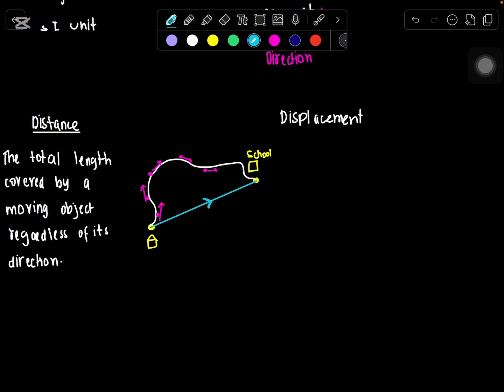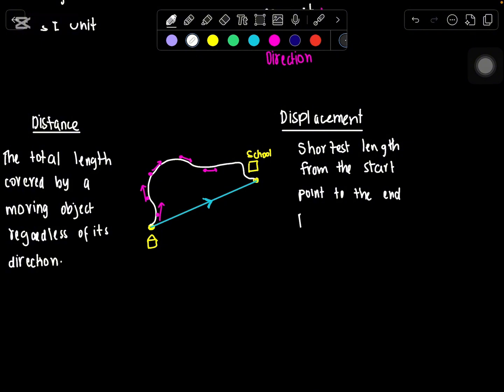So we'll write down that displacement is the shortest length from the start point to the end point in a straight line.